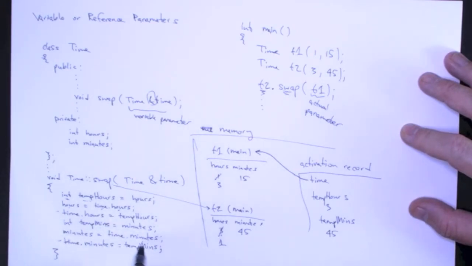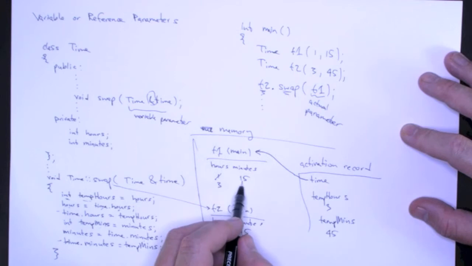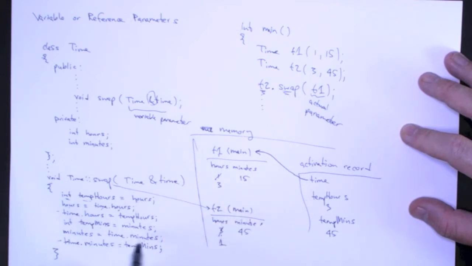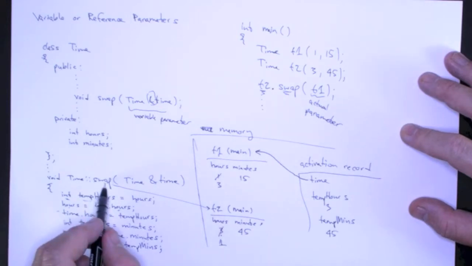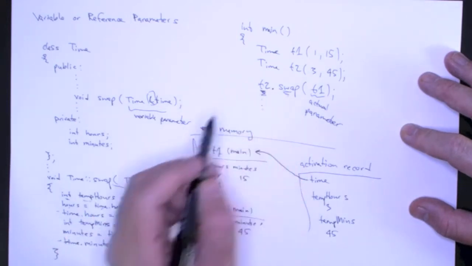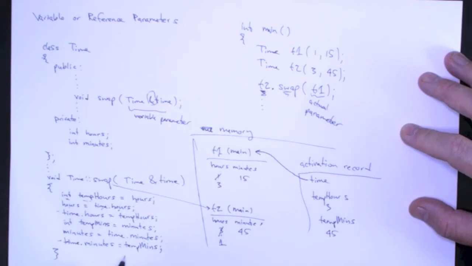And then time dot minutes, that's time the parameter, which is really just another name for T1. This is going to evaluate to T1's minutes, which is 15, and I assign that into T2's minutes because it's the swap method of the T2 object. So 15 will get stored in T2's private data member minutes.